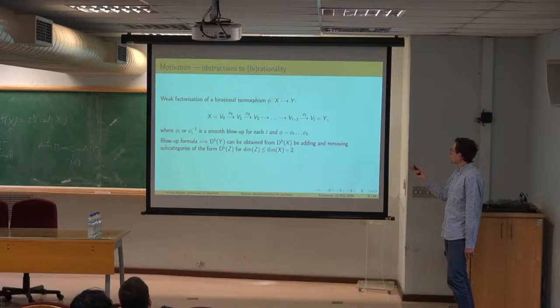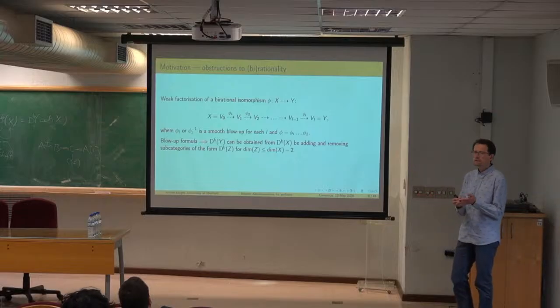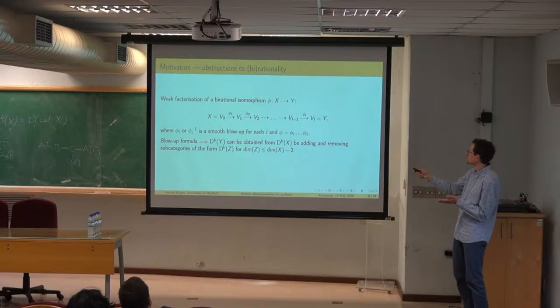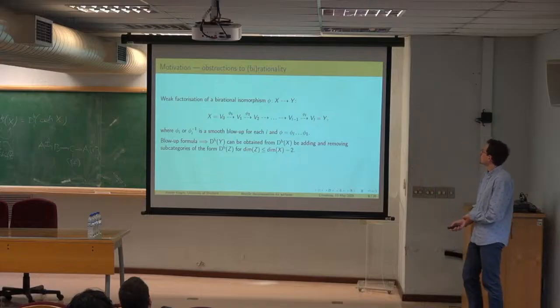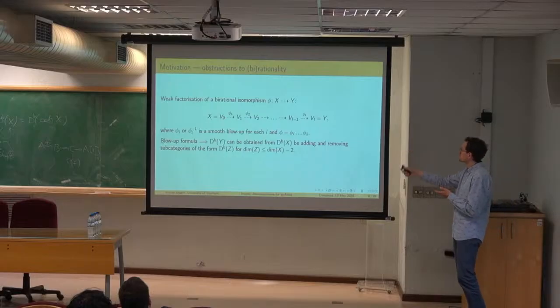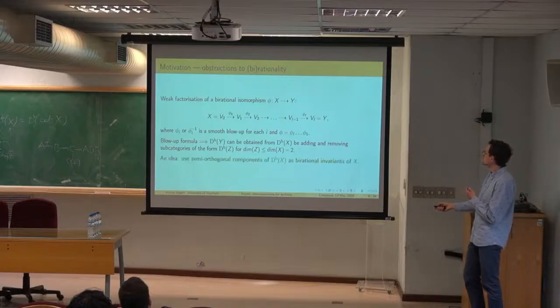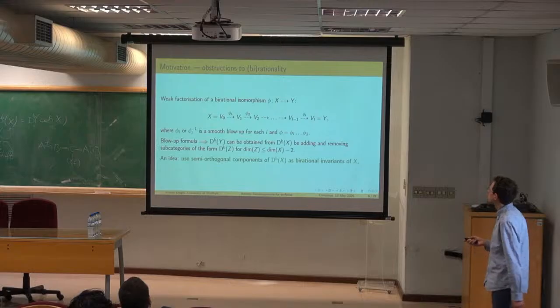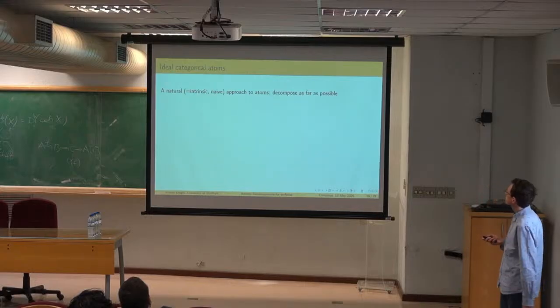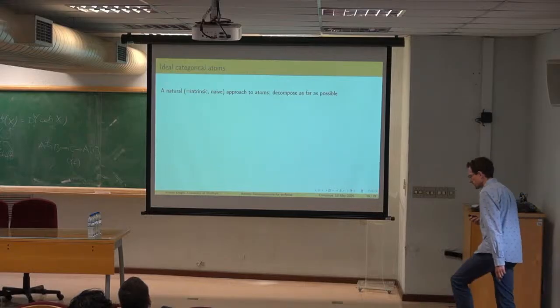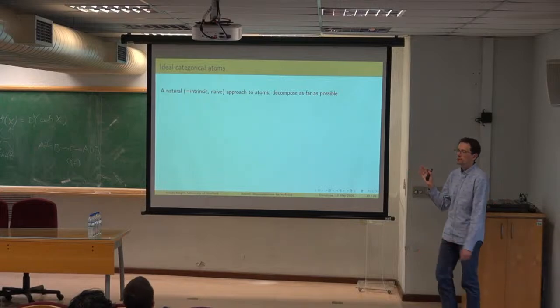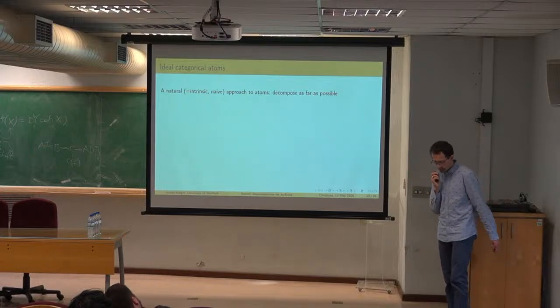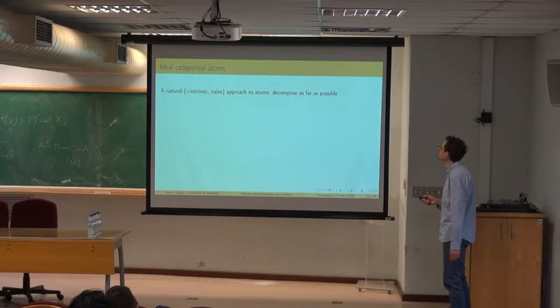So it's natural to ask what remains unchanged when we do such operations. We change a little bit these derived categories, but what remains unchanged? Can we discover birational invariants inside derived categories? How could this work? Let us go back maybe 20 or 30 years in time and imagine how we could make this work.